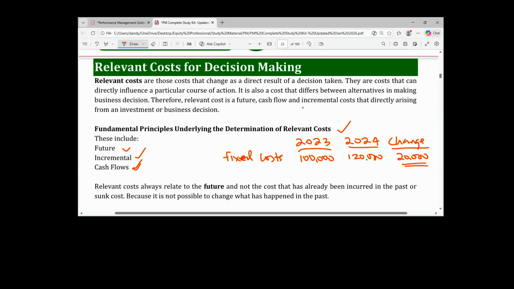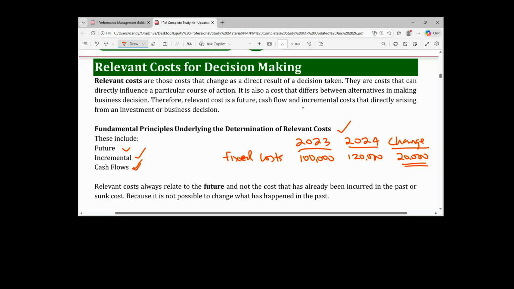When you talk about cash flow, relevant costs are future cash flows. They must be cash items.